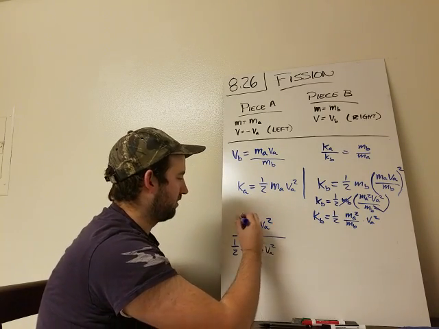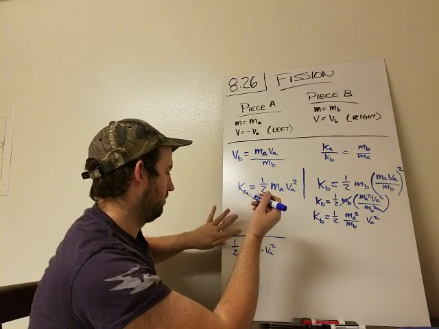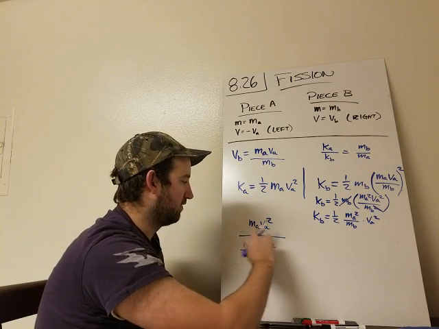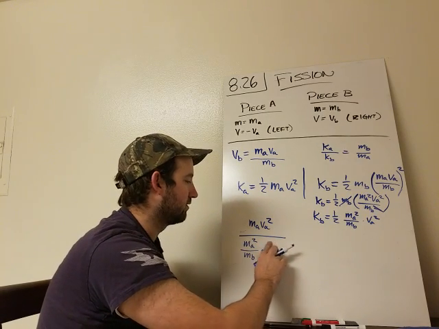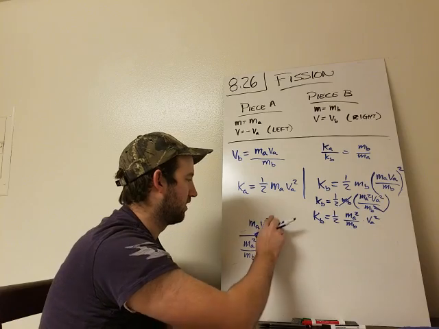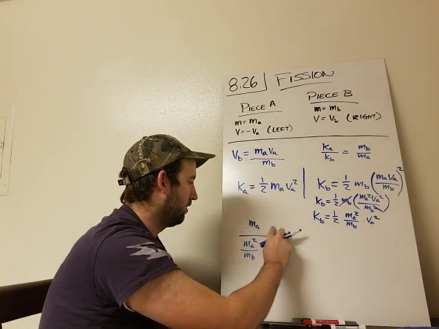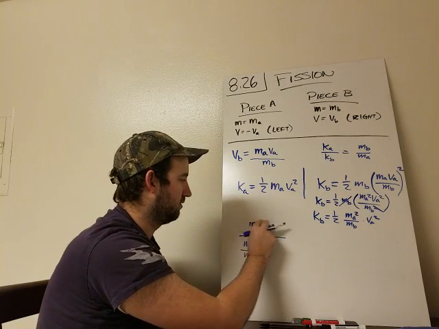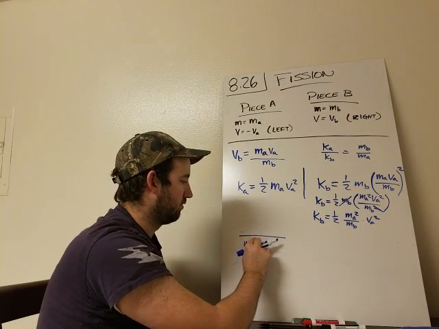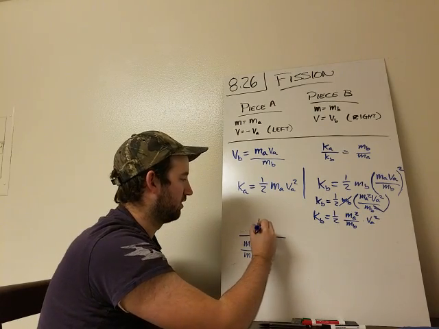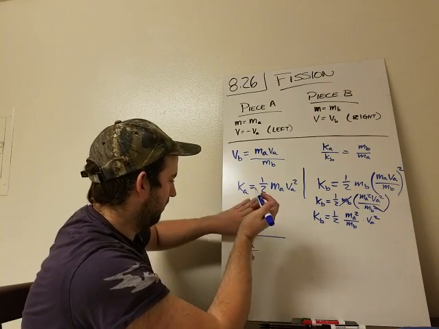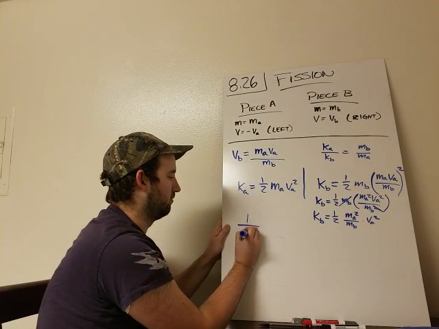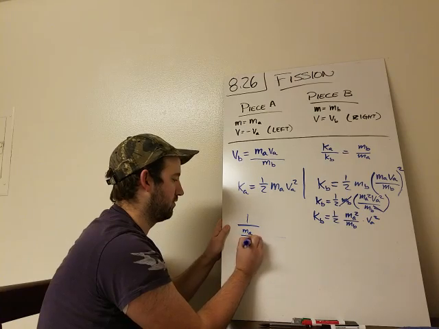Now, like I did before, we can just cancel out these halves, so those are gone. And now that we've distributed everything, we can also cancel out these v sub A squareds. And then we can cancel out this m sub A with one of these. So we end up with 1 over m sub A over m sub B.